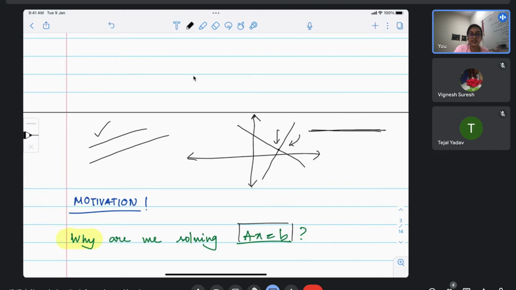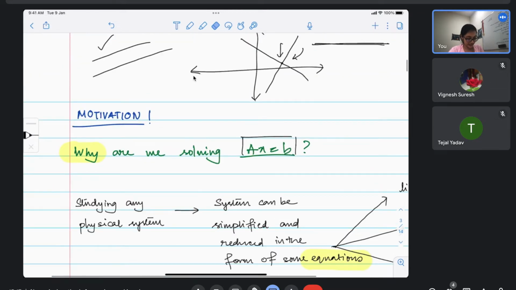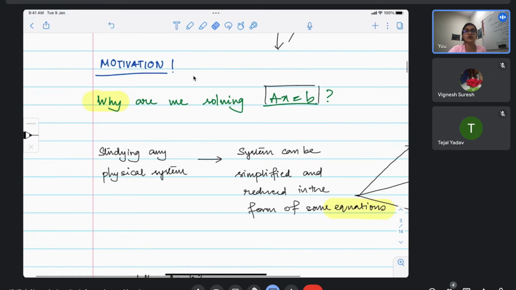Sometimes, as I said in my previous classes, we are not able to find the exact solution, so in those cases we will try to approximate. We'll find an approximation of the original solution, and we are predicting what might be the solution. So let's take a broader picture here and try to understand what we are actually doing when we are solving Ax equal to B.